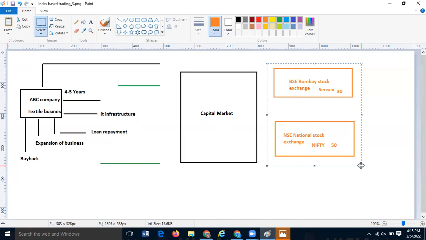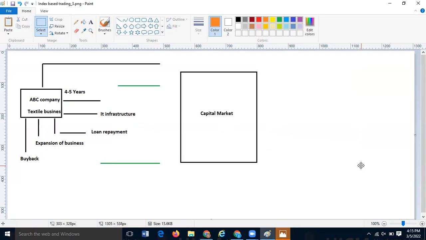After they check everything, they will allow them: now you can raise money. So there is a process. The process is that first you go with the IPO.